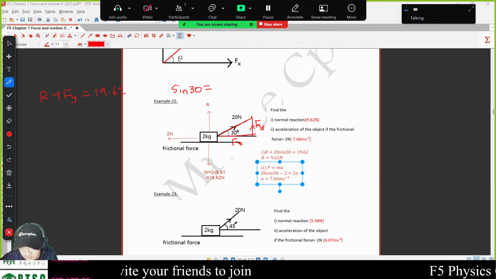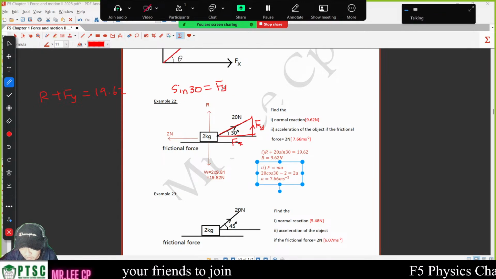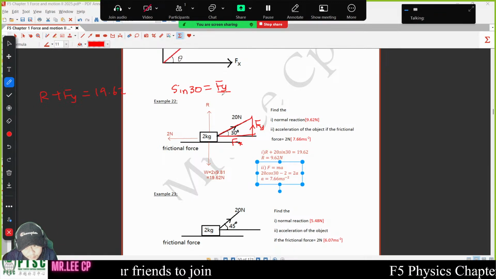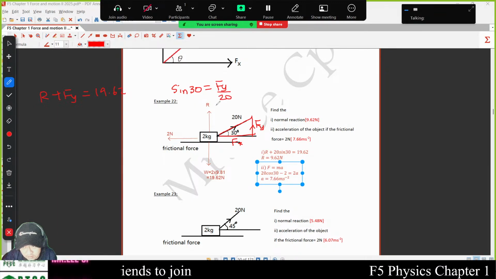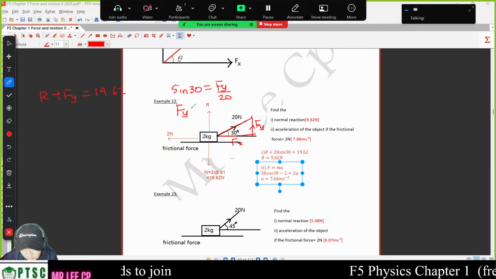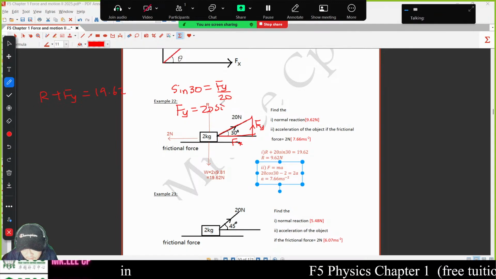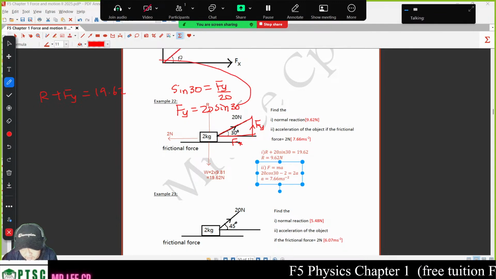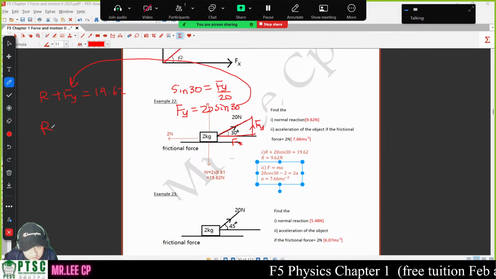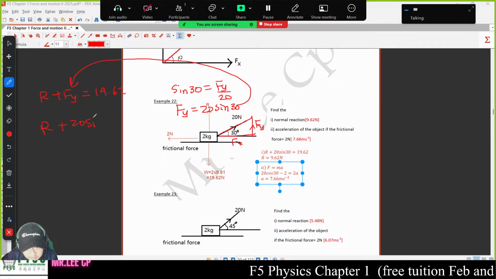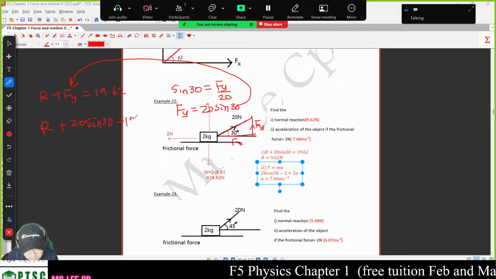Sine 30 is opposite Fy over hypotenuse 20. So Fy is equal to 20 sine 30. And then you substitute into here. So R plus 20 sine 30 is equal to 19.62.